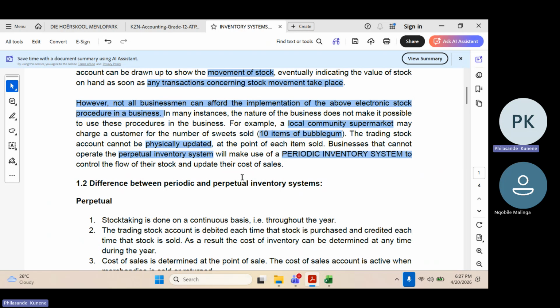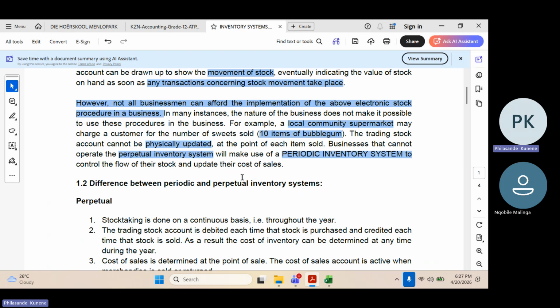All the big companies are using the perpetual inventory system, which is a computerized system.